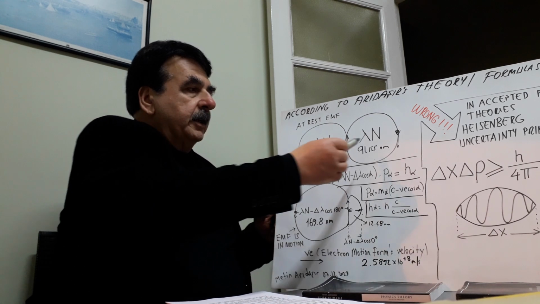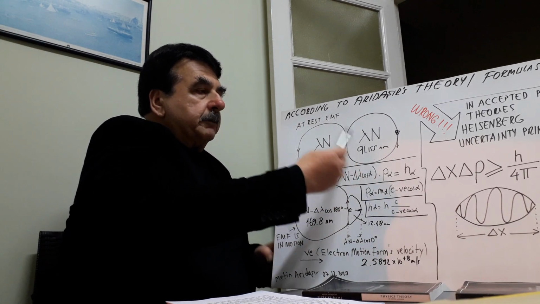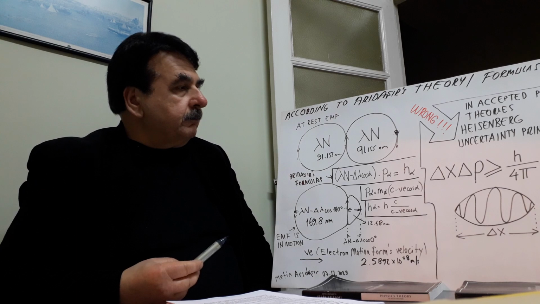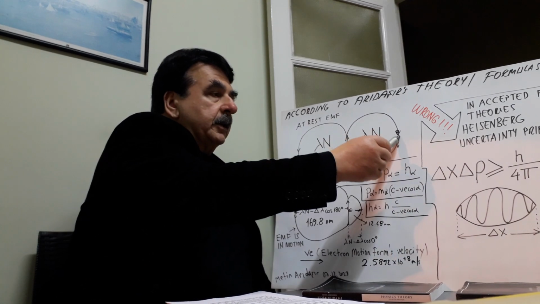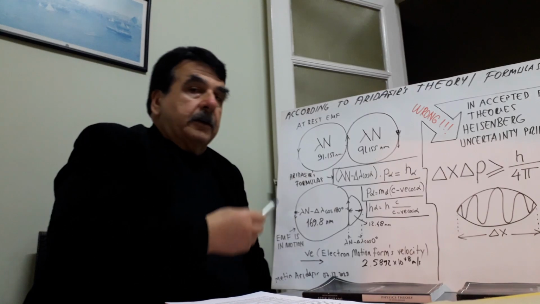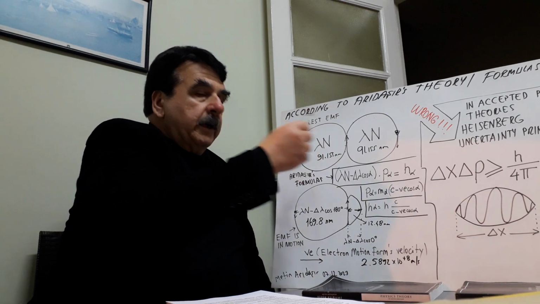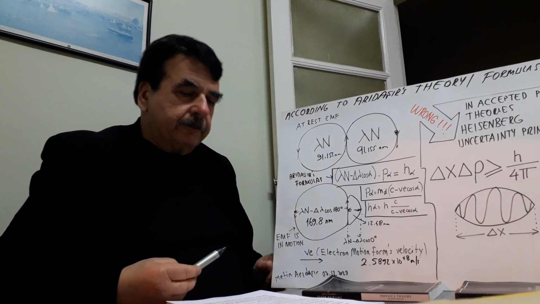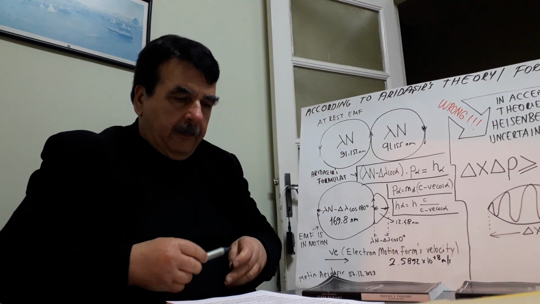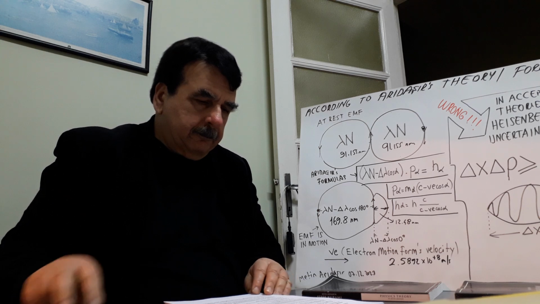This means lambda normal, 91.155 nanometer wavelength, is for the at rest electron motion form, the wavelength of every electron motion form.